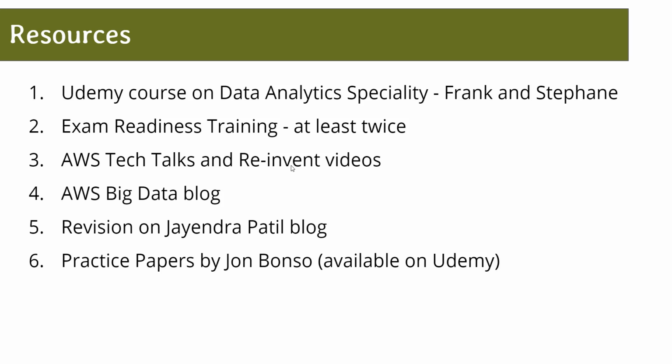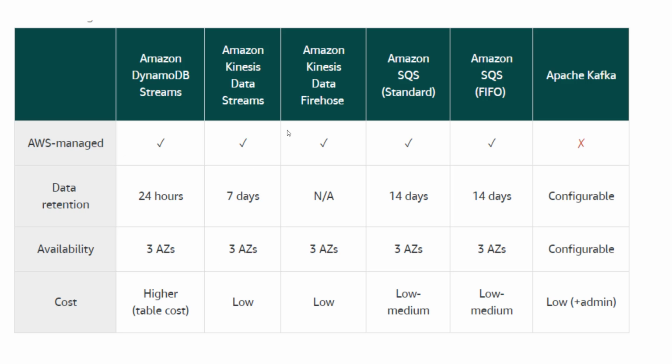Let me show you the type of content you get. This is the table that I copied from the exam readiness training. This table differentiates different streaming services such as DynamoDB streams or data streams, Data Firehose, then SQS Standard, SQS FIFO and Apache Kafka. So all these services are differentiated based on if they are AWS managed or not, because as I told you, you may get a keyword that solution should be automatically scaled, automatically managed.